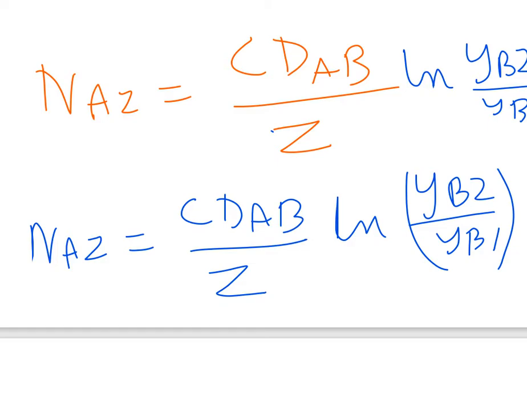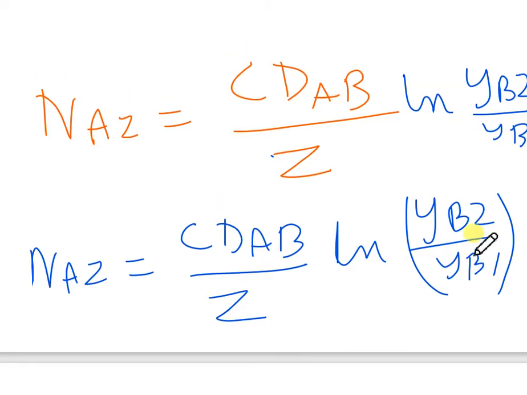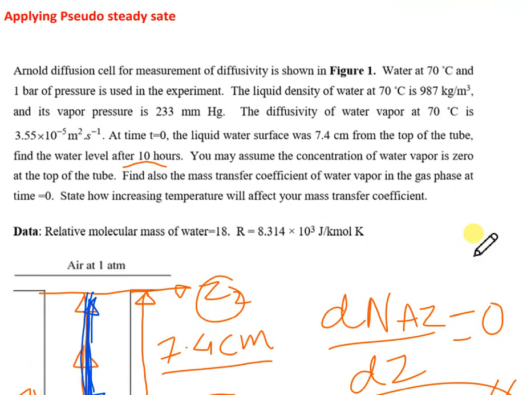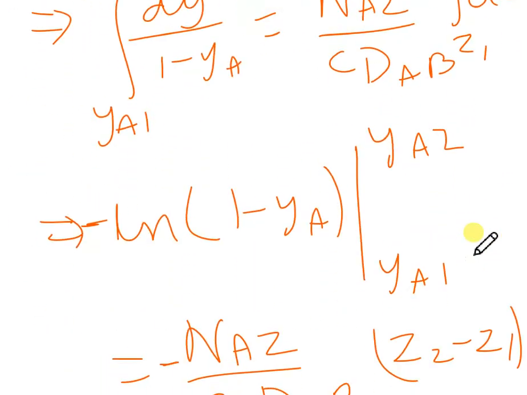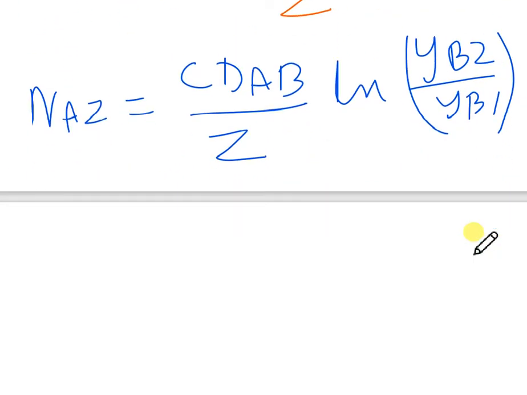Okay, now in this question, if you see, it's also asking to find the mass transfer coefficient. So how to get the mass transfer coefficient here? Flux is, as we know, proportional to concentration difference.